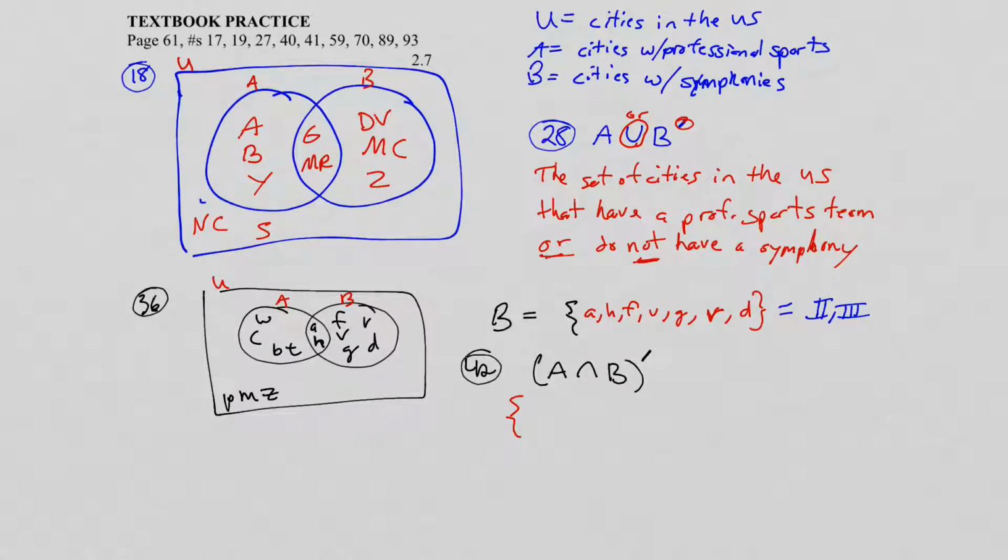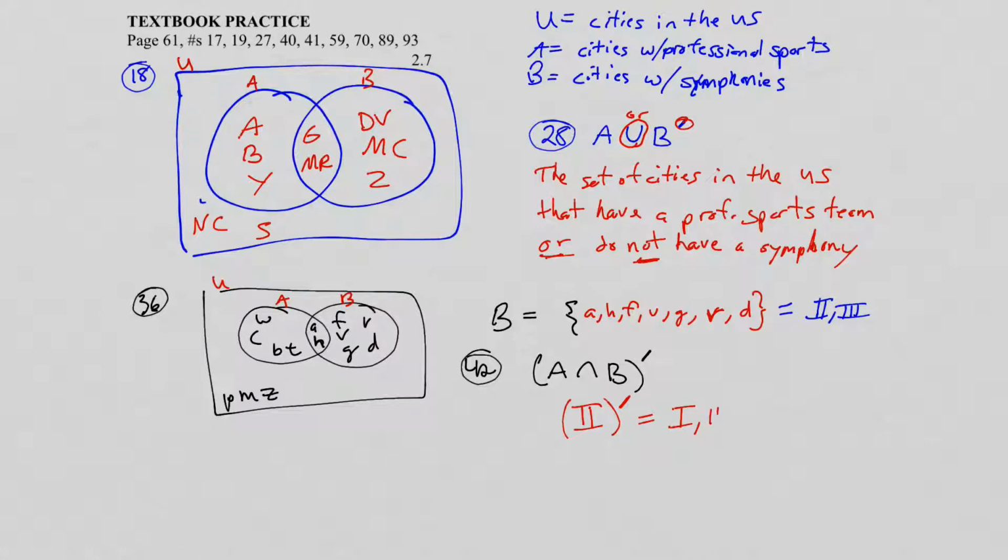Intersection of A and B is what they have in common. So the intersection of A and B will be region 2. Okay. So basically, what's everything but region 2? The complement of region 2 is all the other 3 regions.